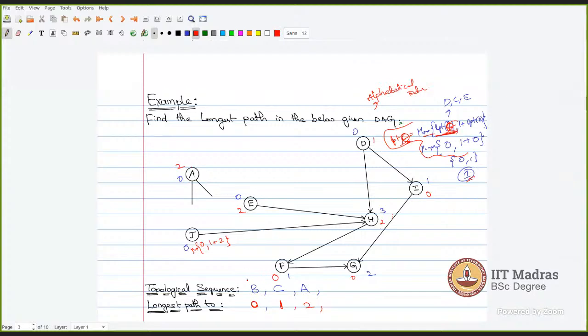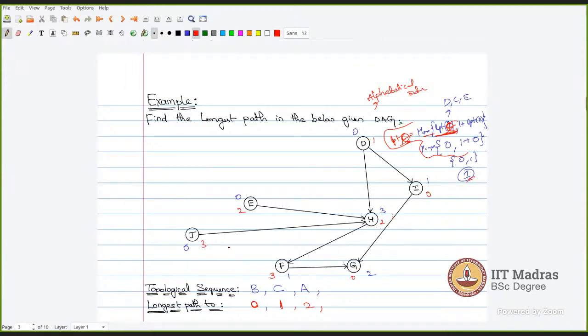So here also it will be max of 0 or 1 plus 2. So this will be 3. This will also be 3. So we are choosing the max. We complete the removal.